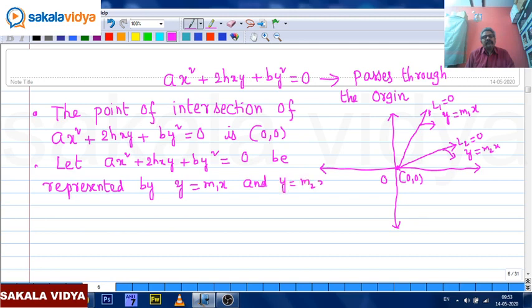That means y is equal to m1x and y is equal to m2x are the two separate equations of ax square plus 2hxy plus by square is equal to 0. Then what is the relationship between m1 and m2?